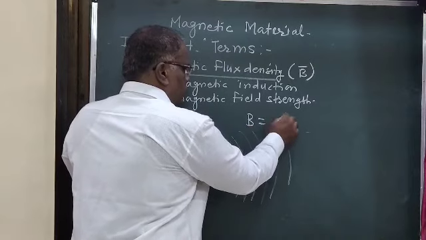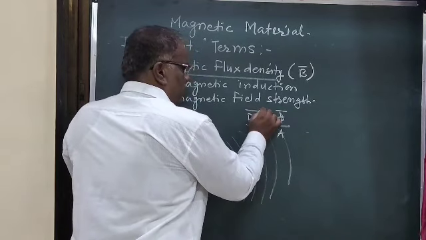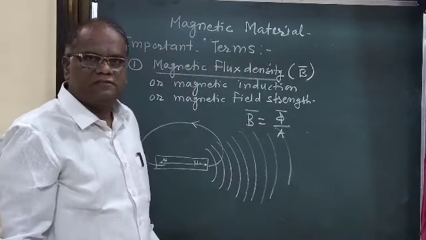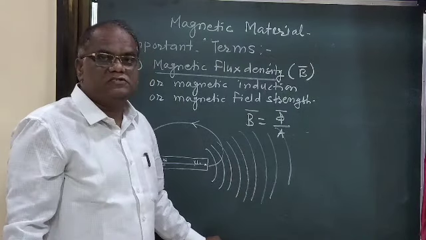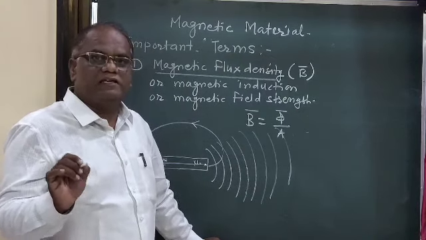formula B is equal to phi upon A. Here phi is magnetic flux. Magnetic flux means total number of magnetic lines of force.